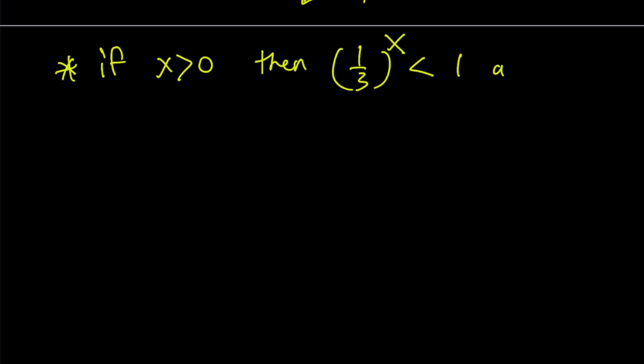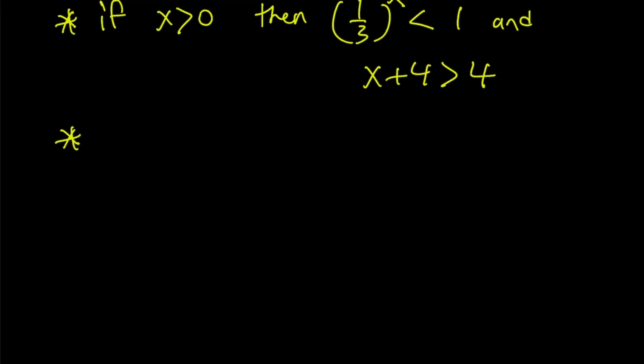And if x is greater than 0, we know that x plus 4 is going to be greater than 4. Wow. So the left-hand side is less than 1, the right-hand side is greater than 4. That means there is no intersection here. There are no solutions on this interval. So for positive x values, we do not have a solution, which is good to know, right?